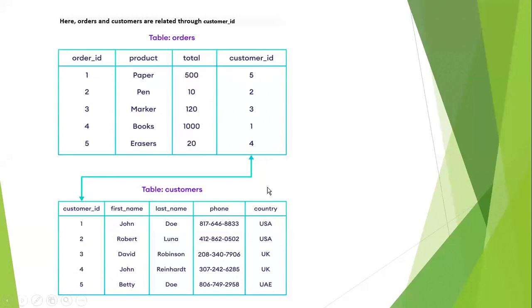In RDBMS we can have 100 tables and relate them to each other. The data will be in different tables, but we can always relate it whenever we want. Suppose you want the orders of John: I can go to John, take out his customer ID, then go to the orders table and fetch the records using that key, the customer ID.